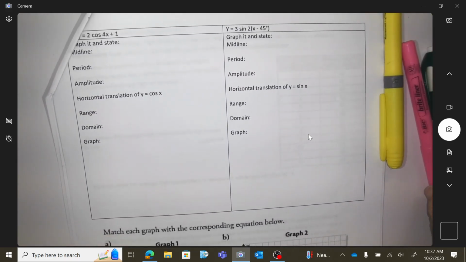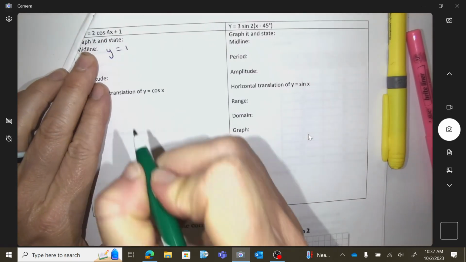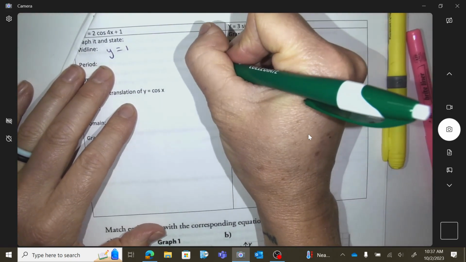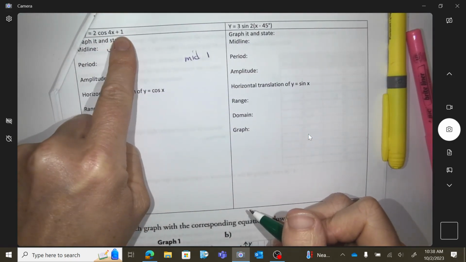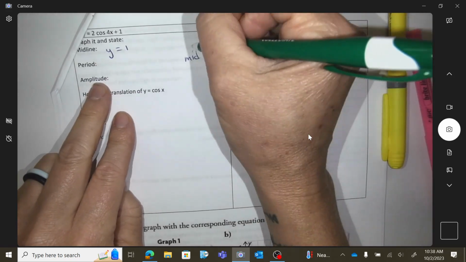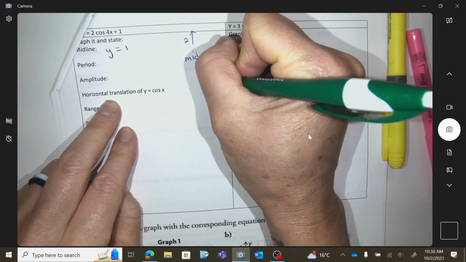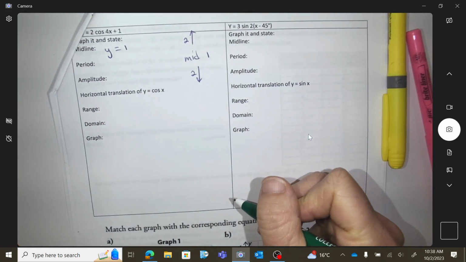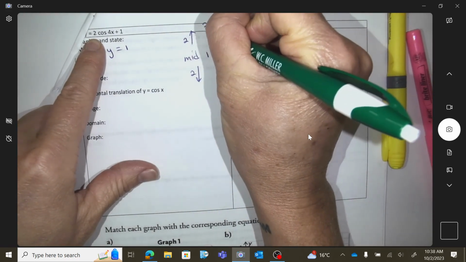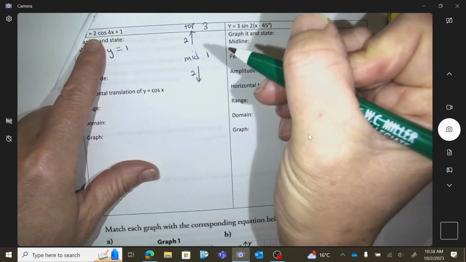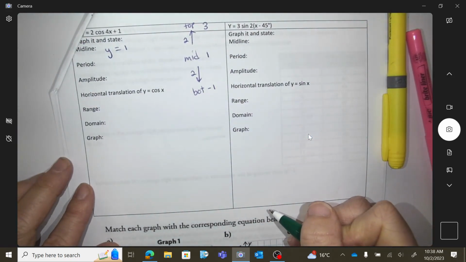Okay, so on this example, midline is y equals 1. Okay, found it at the end. I need to go 2 above it and 2 below it because of the multiplier. So the top of it would have been 3 and the bottom would have been a -1.